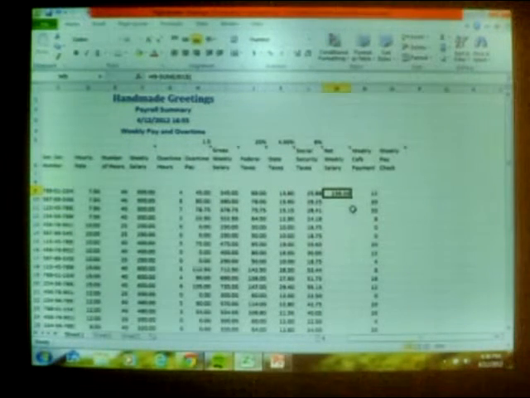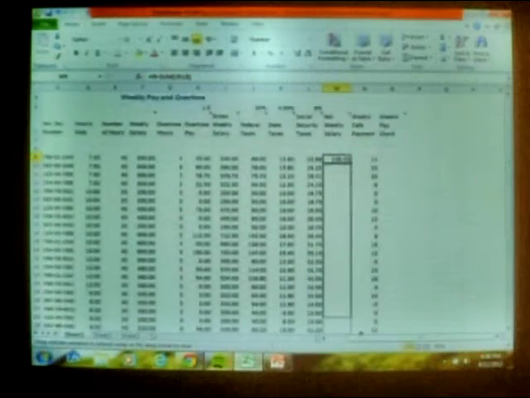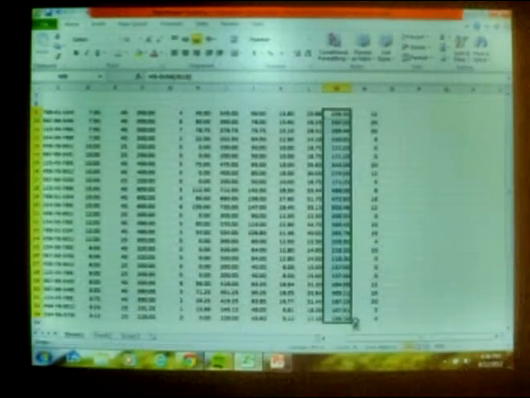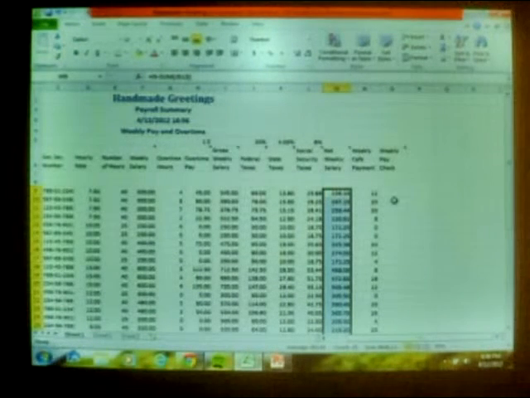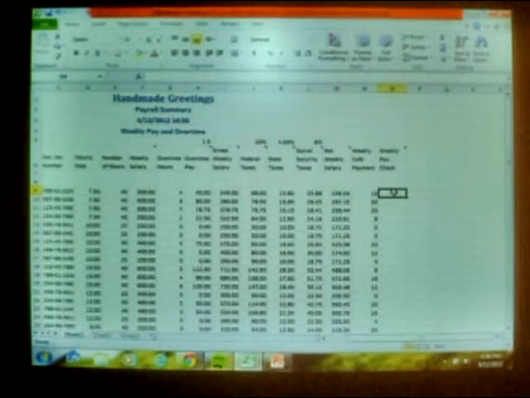And now we have our net weekly salary. And we'll copy this formula for the other employees. And so now we know how much we're going to pay, weekly pay for the Handmade Greetings employees.